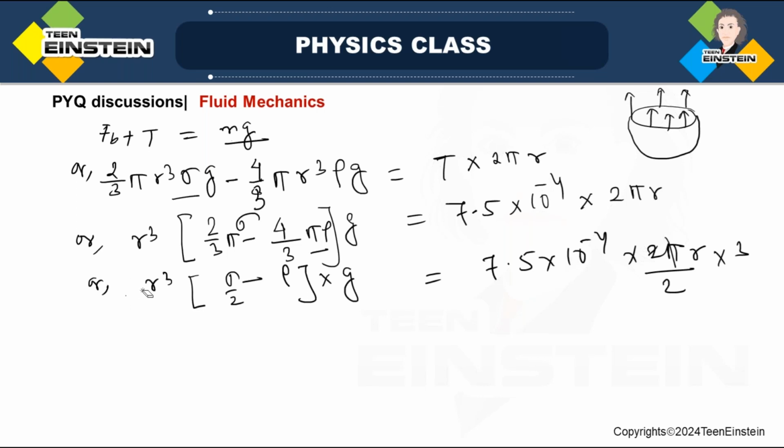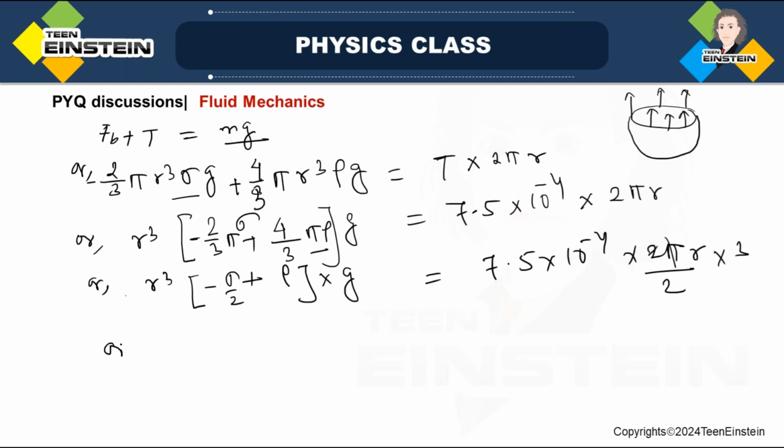So what we get from here, I see. So actually this will be plus and this will be minus. Okay, so here the minus and here plus. This is the thing.